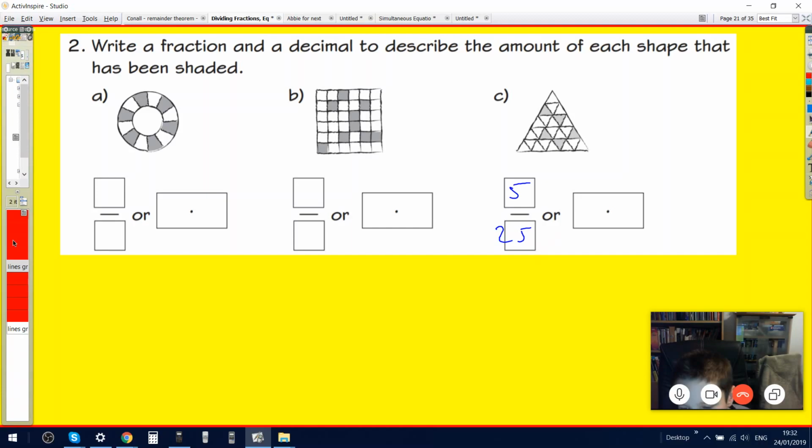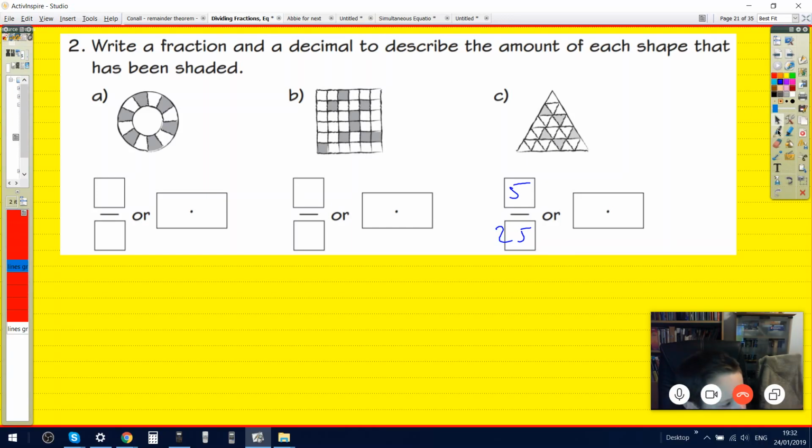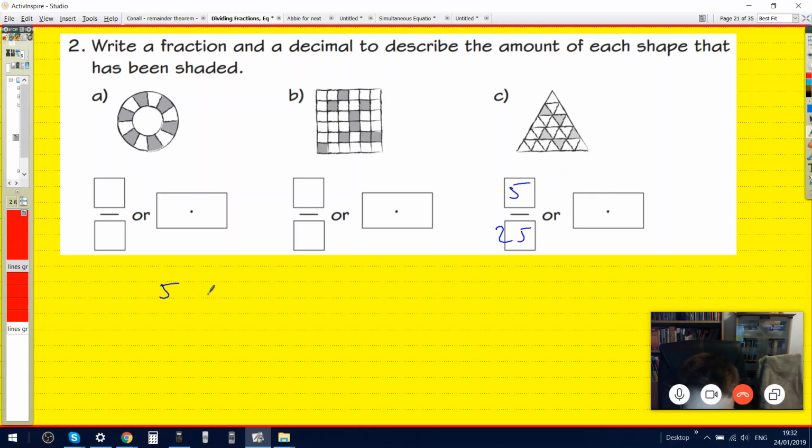Or you could make it over 100 and do it the usual way. Well, 25 times 4 is 100. Yeah. And 5 times 4 is 20.